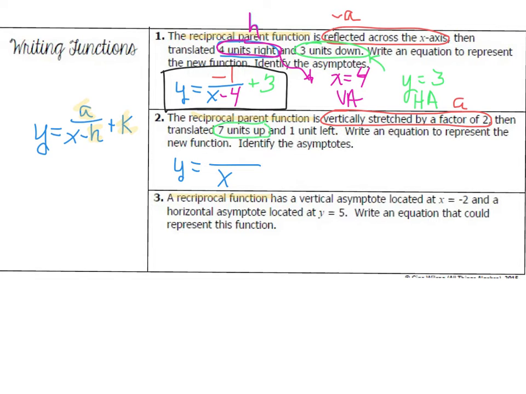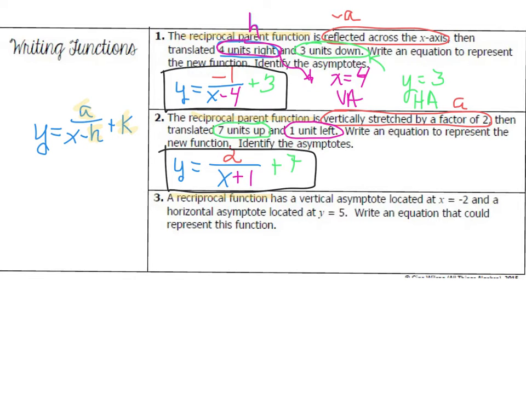That's going to be my k. And 1 unit left. That's going to be my h. So 1 unit left. Left is normally a -1, but we want to do the opposite, so I have a +1. 7 units up is going to be on the outside, same sign, up is positive. And then my a has a vertical stretch of 2, so I'm going to put a +2 there. So that is our reciprocal function.